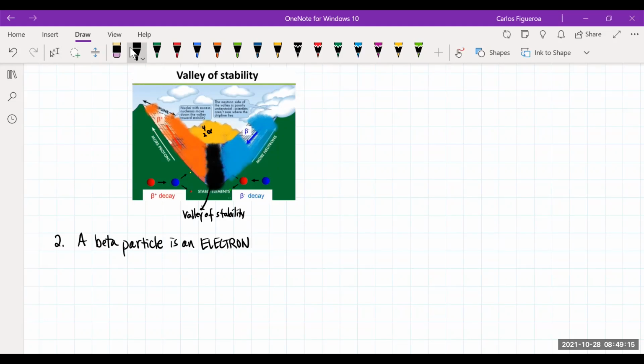So when I look at a beta particle, we call it beta minus, and this thing is an electron.